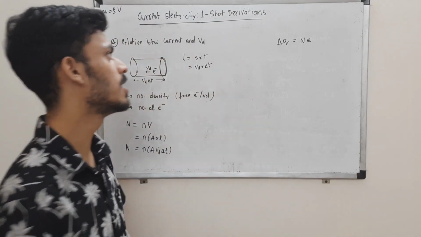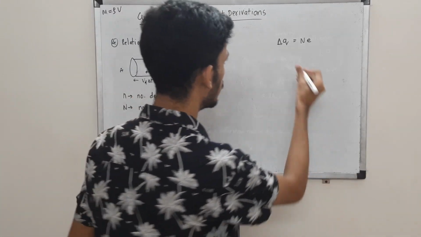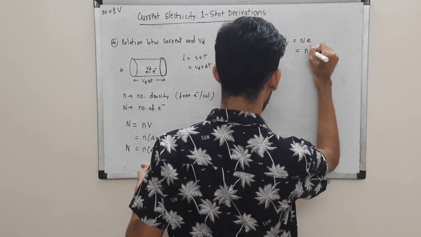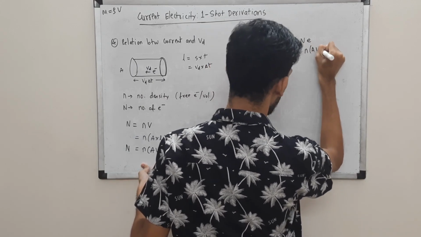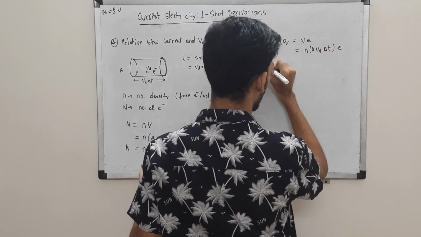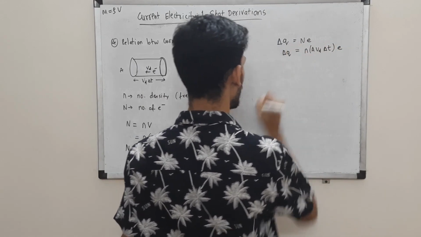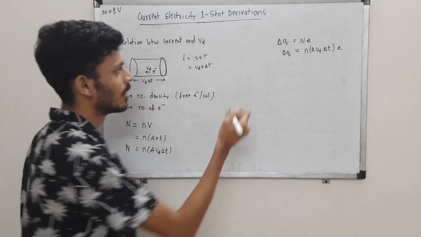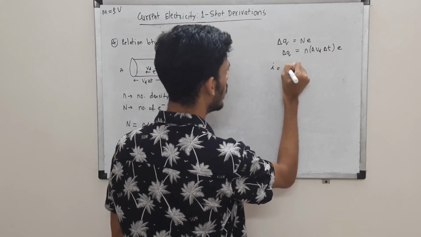So N we know is nAvd delta t, and capital N times e.